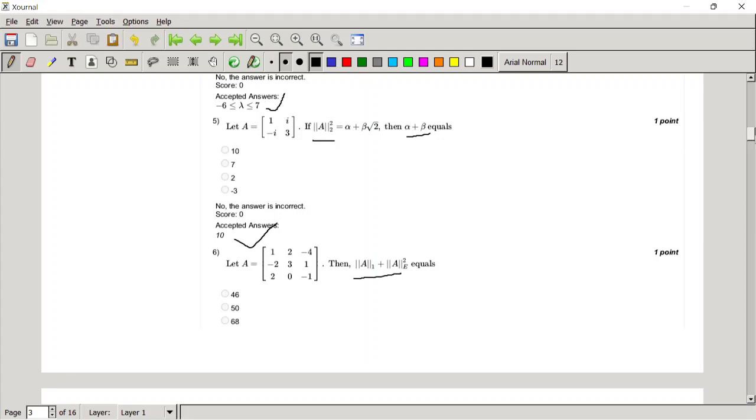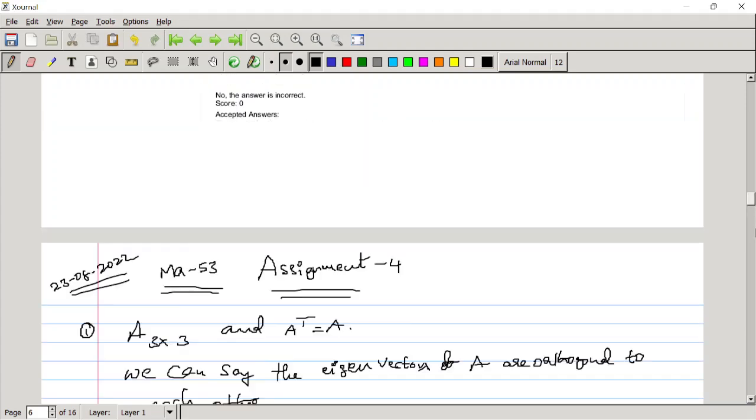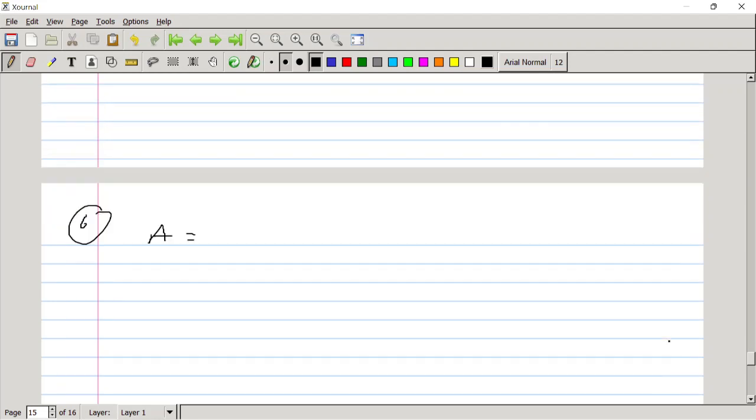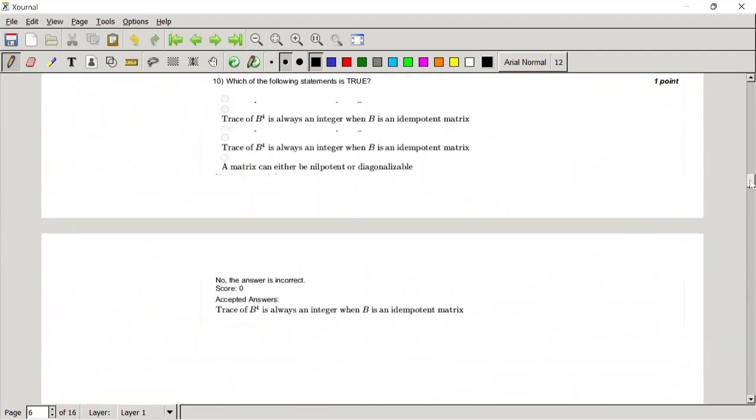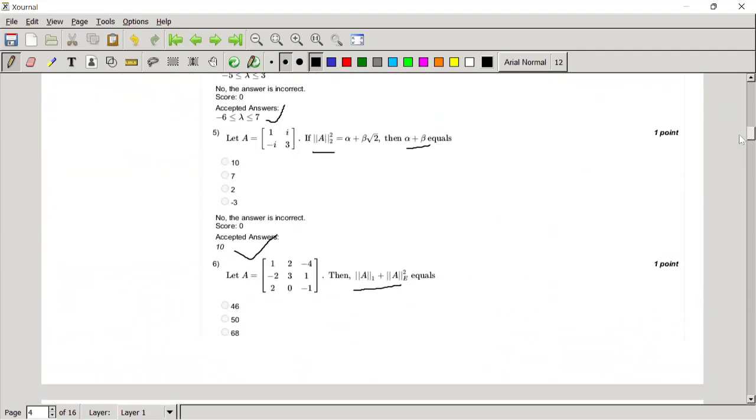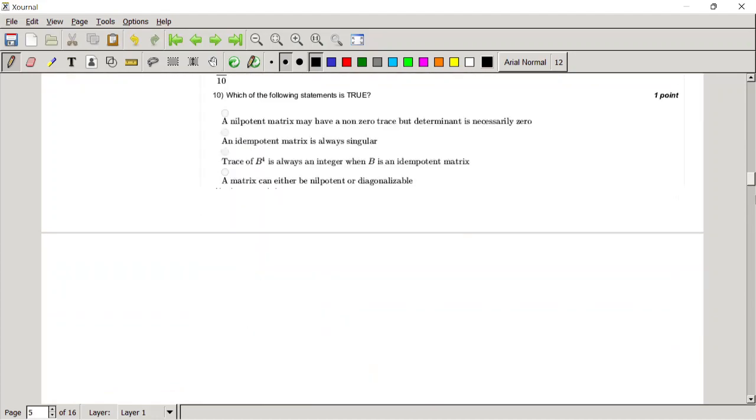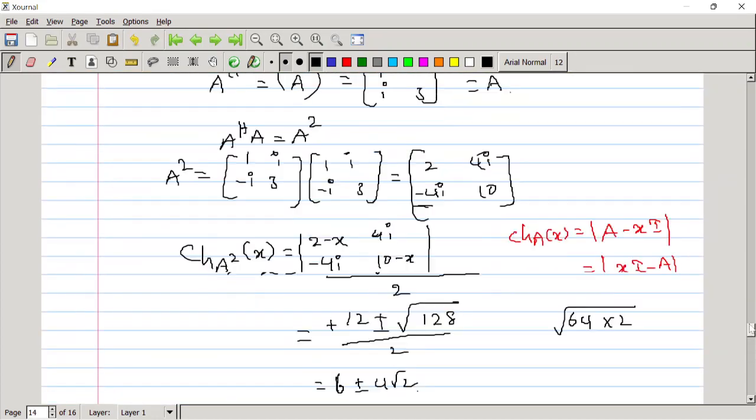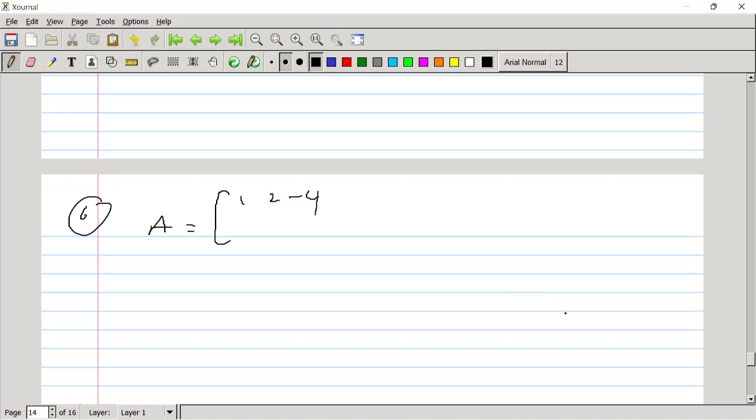So the matrix given in the sixth problem is 1, 2, minus 4; minus 2, 3, 1; 2, 0, 1.